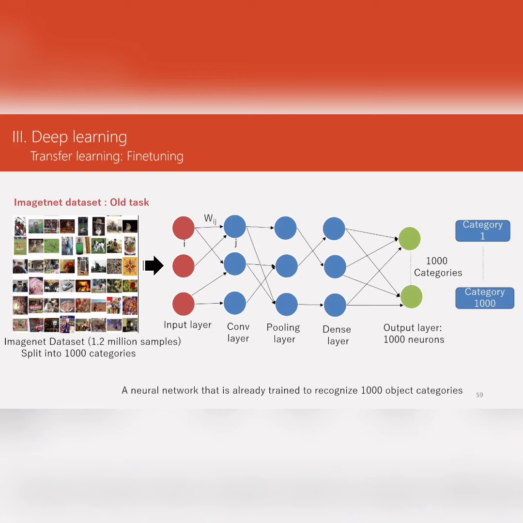This means that we already have a neural network that was trained on a huge and diverse dataset. So our neural network has already learned a lot of diverse knowledge about the different patterns that may be included within images.